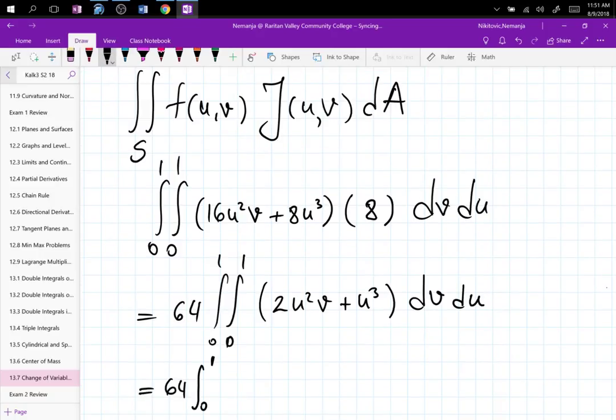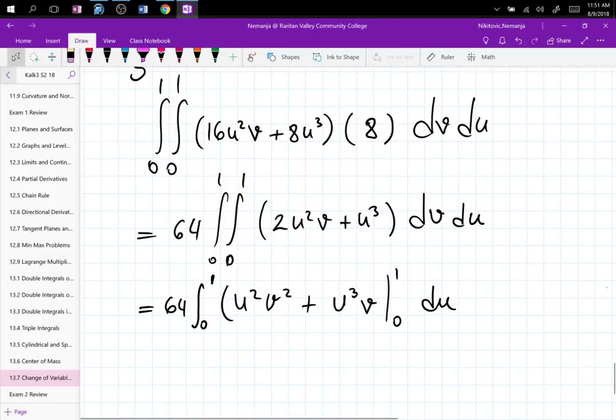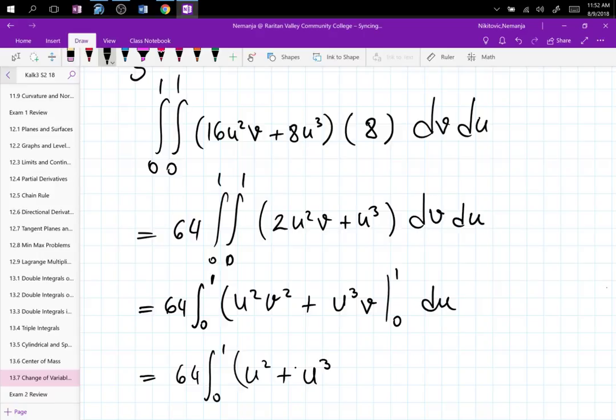64 integral 0 to 1. Integrate v, you get v squared over 2, cancels with this 2, so that's u squared v squared plus u cubed v, computed from 0 to 1, and you still have du to deal with later. When you plug in 1 and 0, all the v's are out, you get 64 integral 0 to 1 of u squared plus u cubed du.